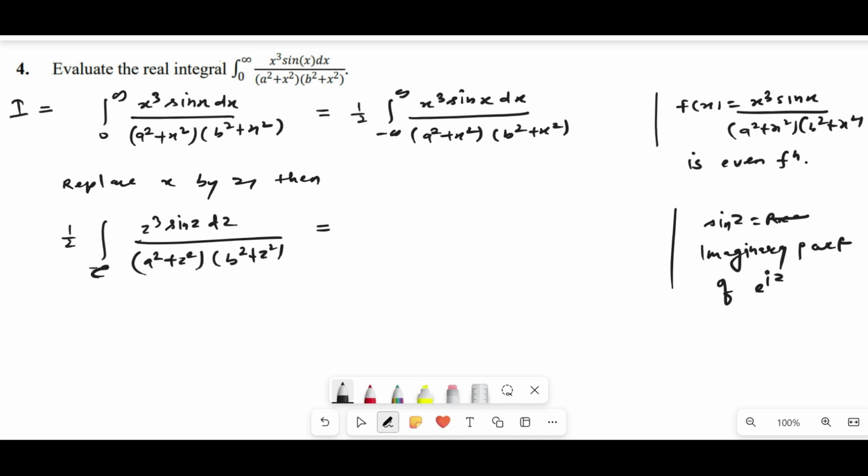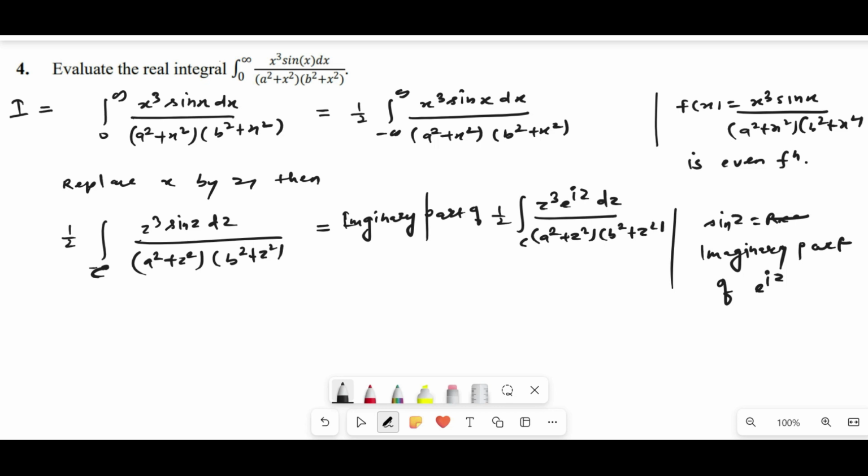So we can write this as the imaginary part of 1 by 2 times the integral over the curve C of z to the power 3 e to the power of iz dz over (a square plus z square)(b square plus z square).